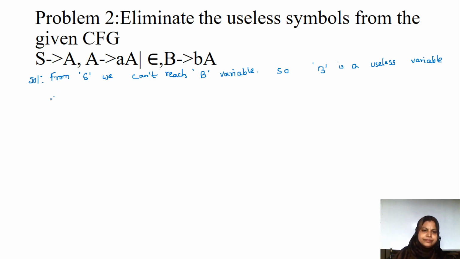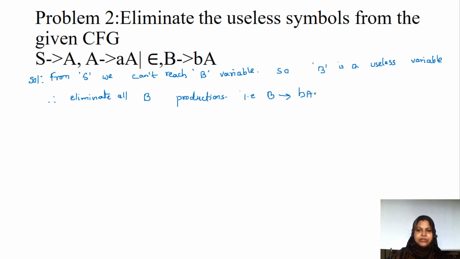Therefore, eliminate all B productions. What are the productions of B? We only have B tends to BA, only one production.